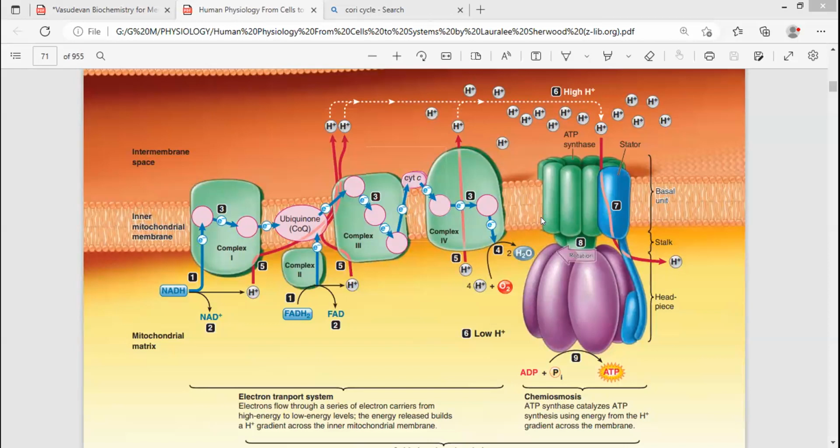Somewhere in the citric acid cycle, we had FAD, but we converted that FAD to FADH2.